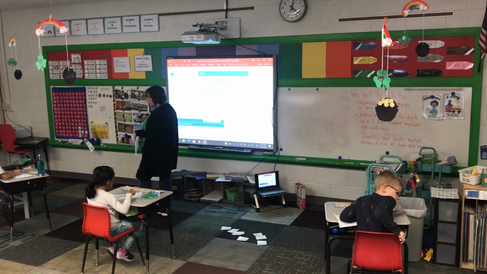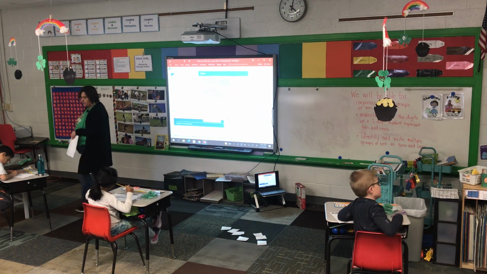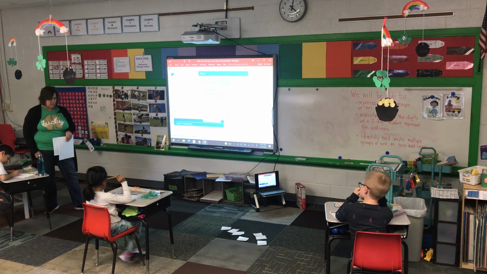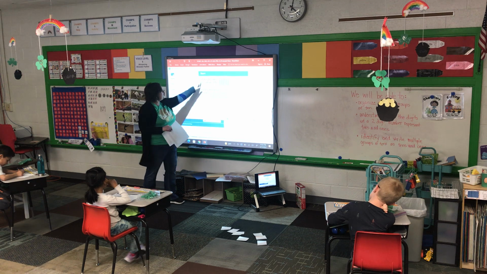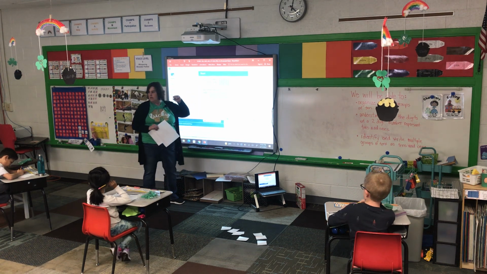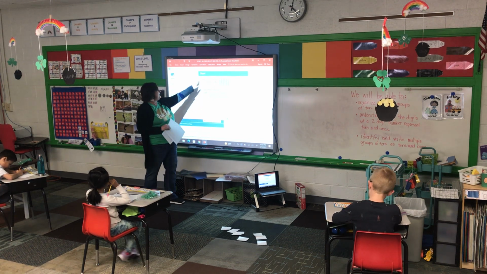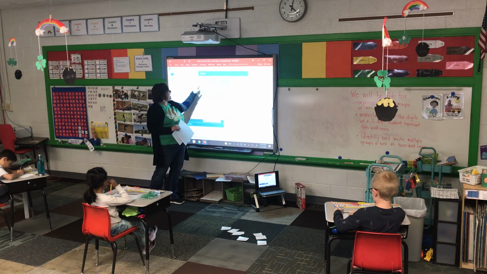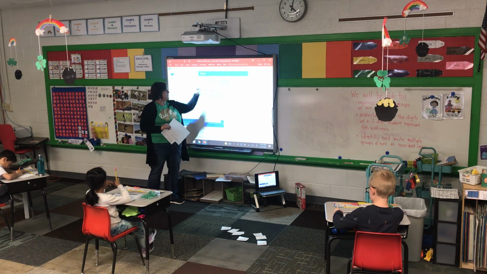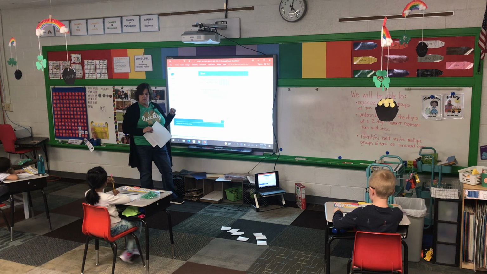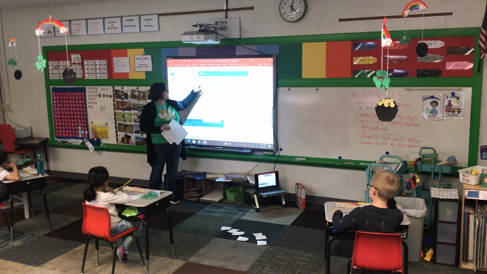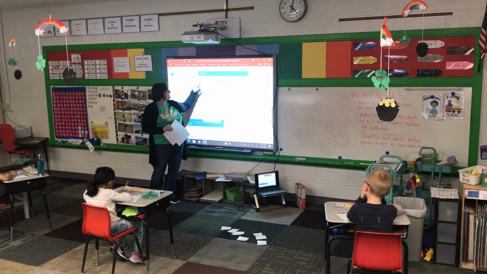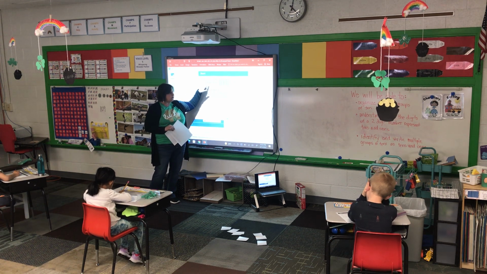After you've circled those groups of 10, fill in the blanks. 6 tens, don't say it out loud because you're filling it in for me. 6 tens is the same as blank groups of 10. Okay? So on this one where you have tens rods, 6 tens is the same as how many groups of 10?